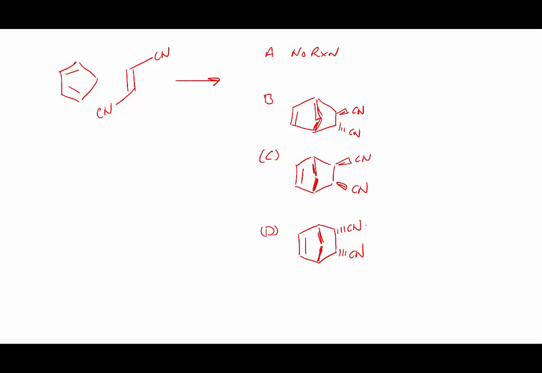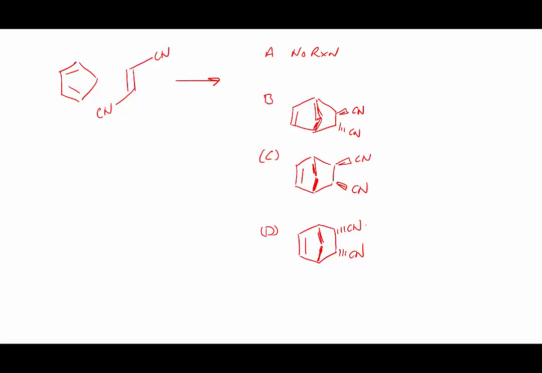When people start learning Diels-Alder reactions, the restriction that the diene has to be cis is sometimes misinterpreted. So when I say that the diene has to be cis, what I really mean is that the diene has to be s-cis.